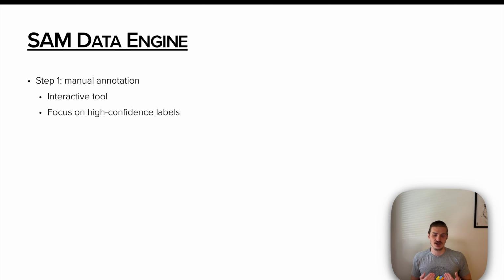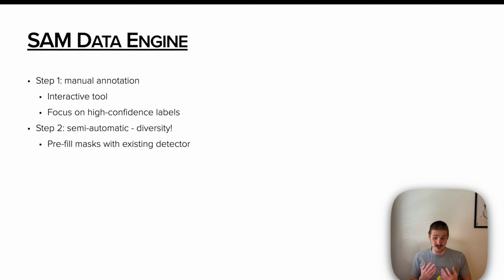And on this stage, we ask annotators to focus on objects that they are themselves confident in. And so the goal of this is to collect lots and lots of high confidence, high precision labels. The next stage is semi-automatic. The goal of this stage is diversity.